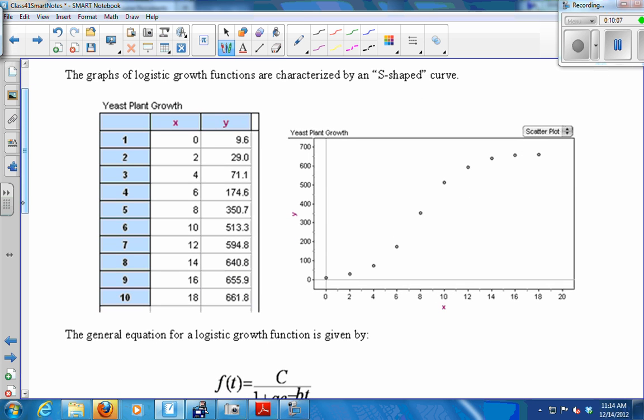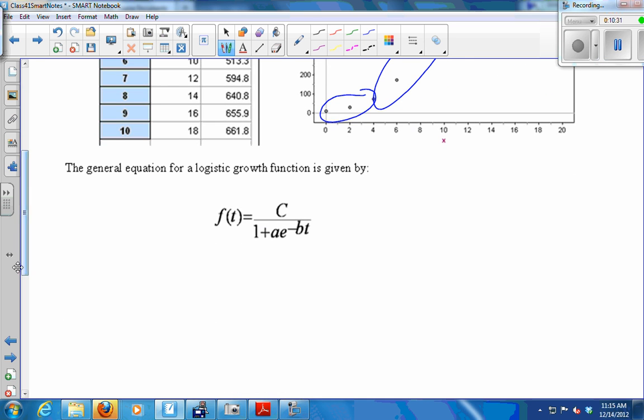So here's some data. We have yeast plant growth over time, and so this is just a population growing over time. It starts out growing relatively slowly down here, then it grows very quickly, and then it levels off as they run out of resources. Okay. So the formula for logistic growth is this guy.